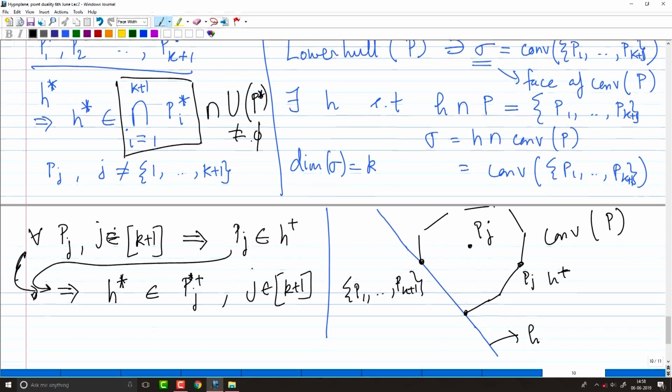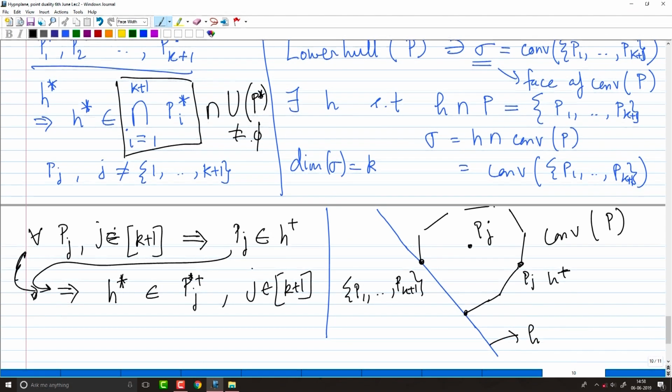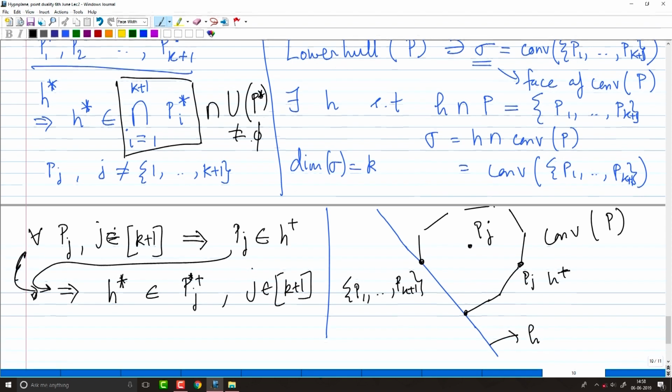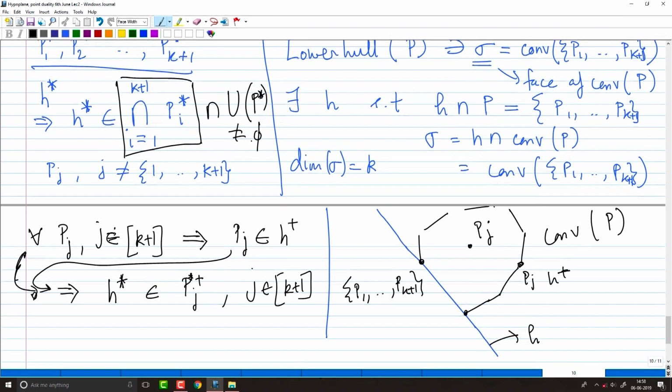Faces of polyhedrons are determined by the intersection of the hyperplanes supporting the half spaces, and if it has a non-empty intersection with the polyhedron, then it will determine a face. And if the hyperplanes are in general position, then what will be the dimension of that face?